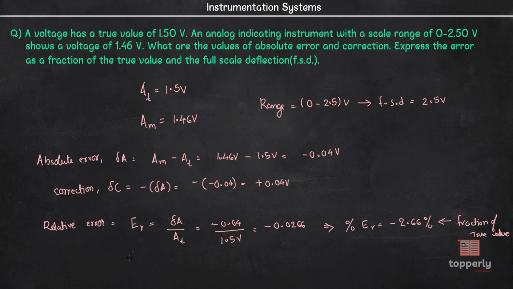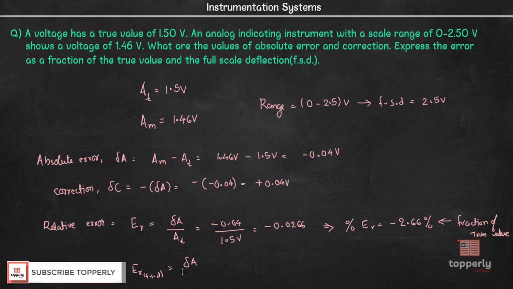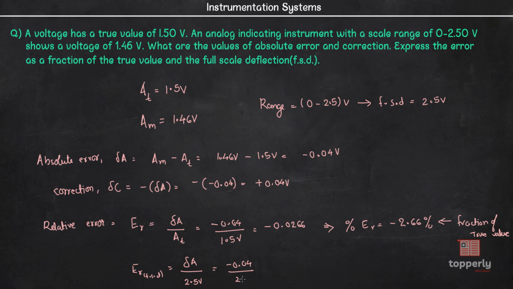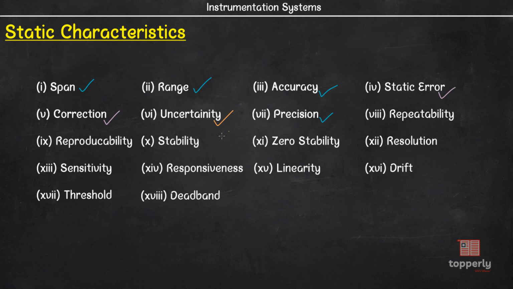So expressing error as a fraction of full scale deflection, ER FSD is equal to δA by full scale deflection, which is minus 0.04 by 2.5 volts, which is minus 0.016, and expressing this as a percentage, ER FSD is equal to minus 1.6%.